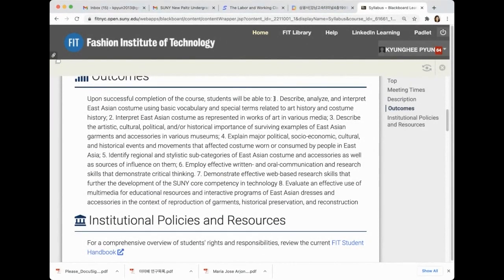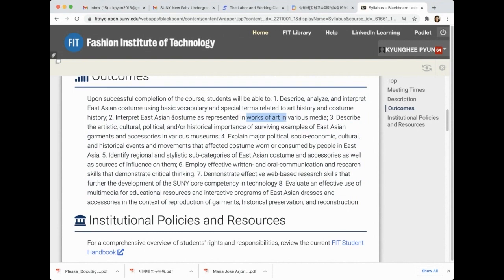You can also ask yourself at the end of the semester, can I do this? Can I describe and analyze this Asian costume using basic vocabulary, special terms? You probably can. And then number 2, can I interpret this in works of art? Meaning, we don't have many surviving garments per se.